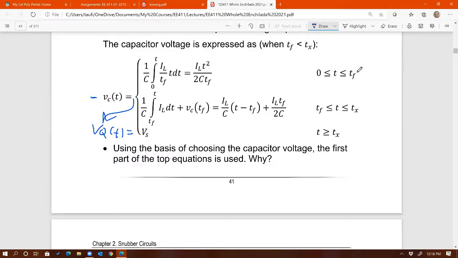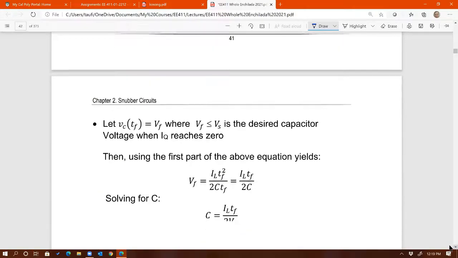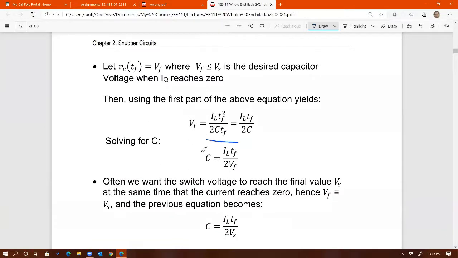I believe TF is the time when the current reaches 0, and TX is the time when the voltage across the switch, or in this case the capacitor, same thing, reaches its final value. So once we derive these equations, then we can get the equation to size the capacitor, where VF is our criterion to select the capacitor.